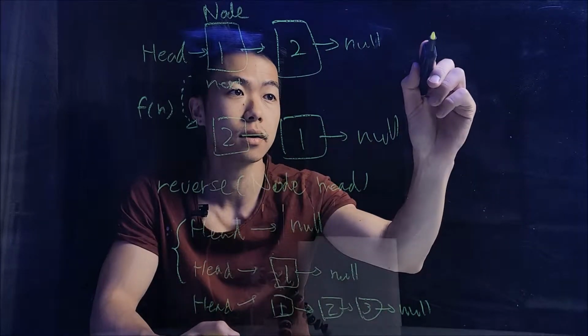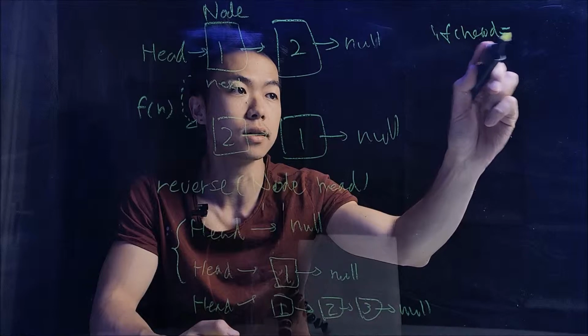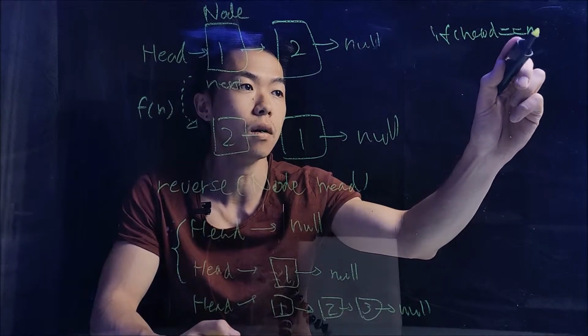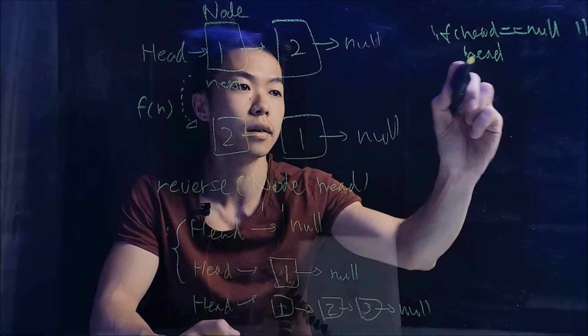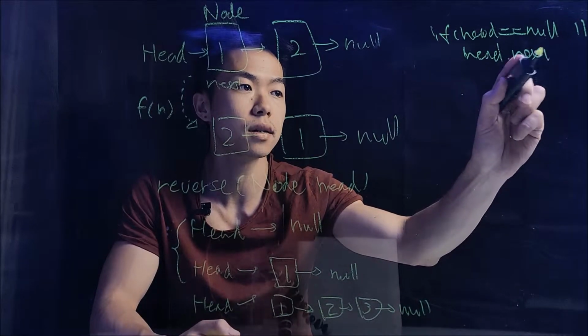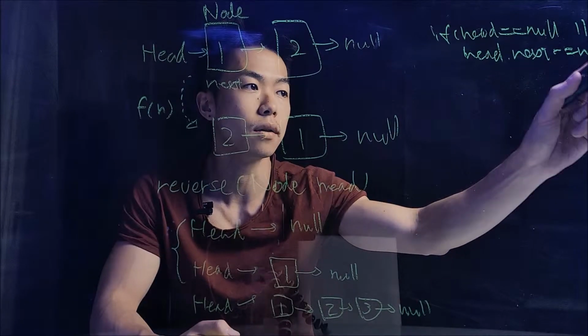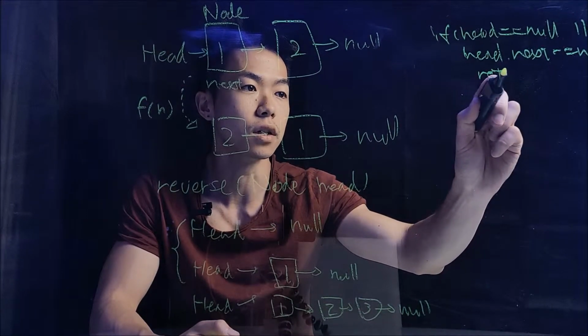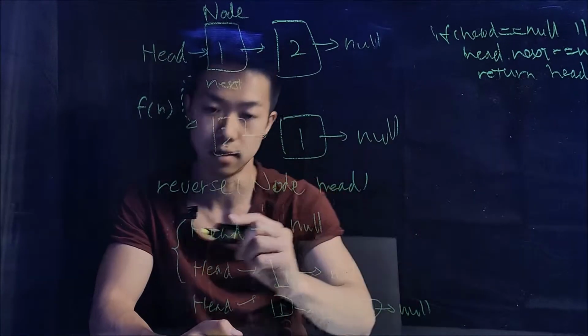We can say if head is equal to null, or head dot next is equal to null, then return head. That's easy.